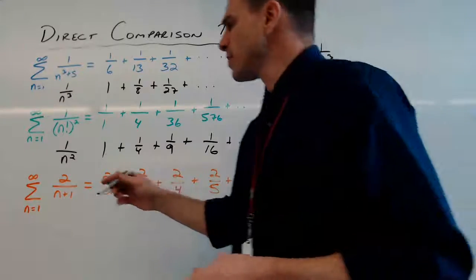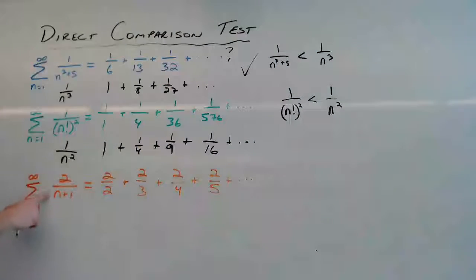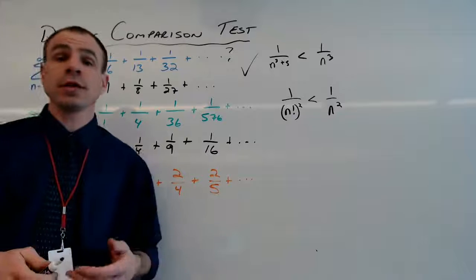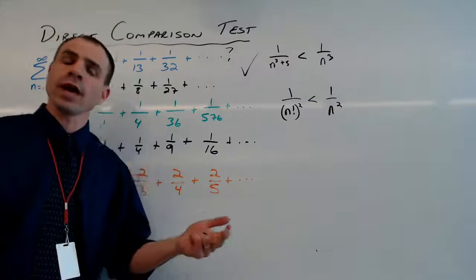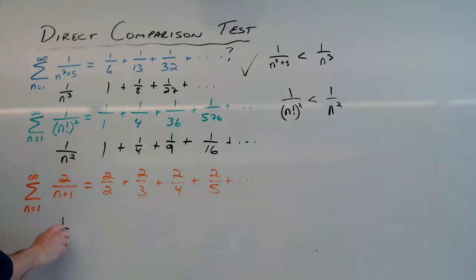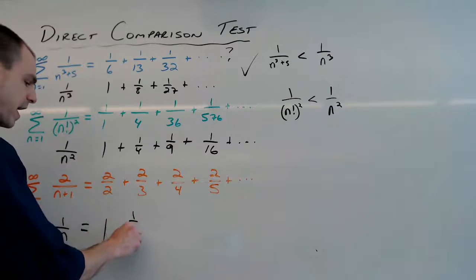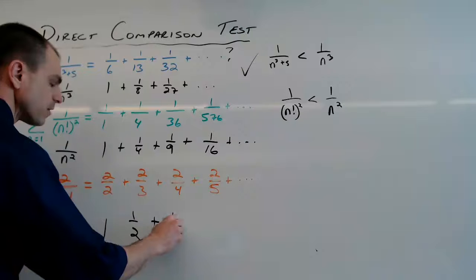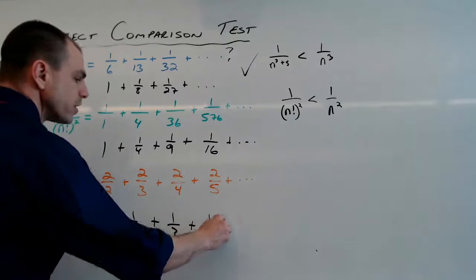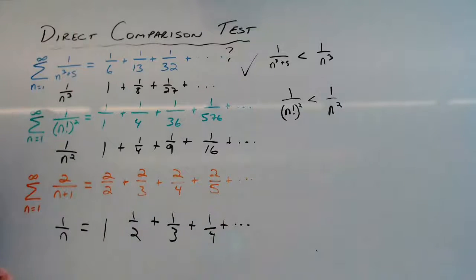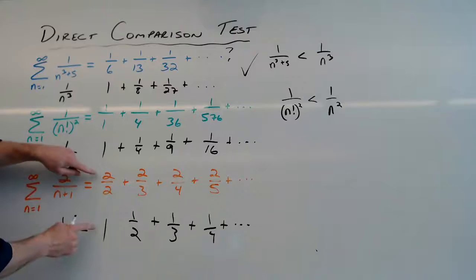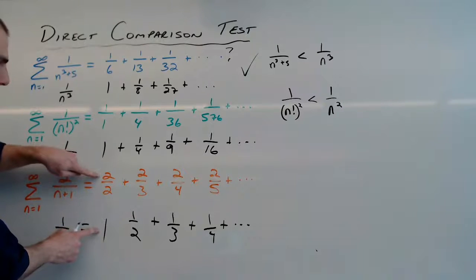With divergence, we now have the series here in orange, 2 over n plus 1. Let's compare that with a p-series which we know diverges, 1 over n. If I have 1 over n, my first term is 1, my second term is a half, my third term is a third, my fourth term is a quarter, so on and so forth. If I compare, well, the first terms are the same.